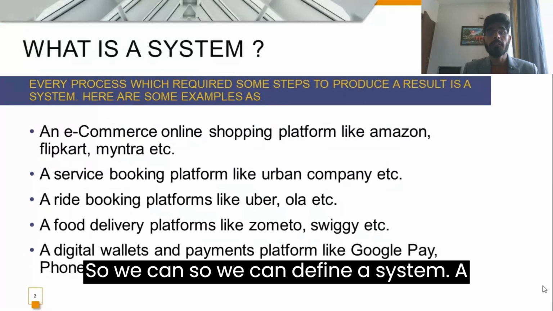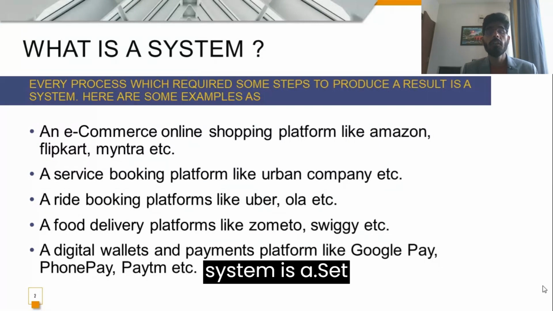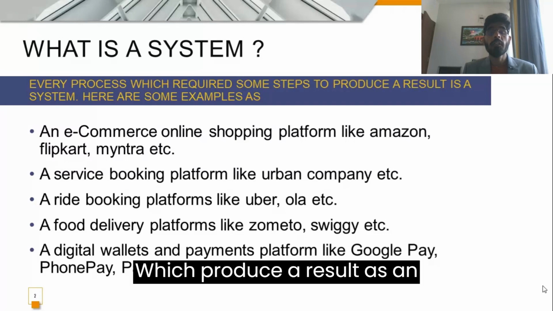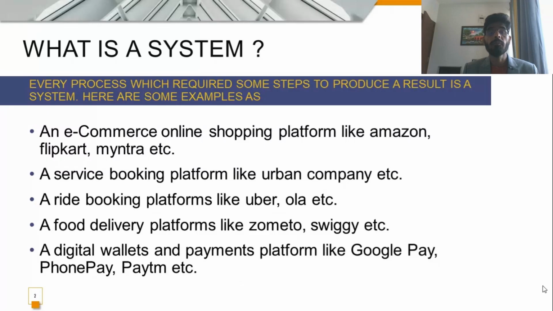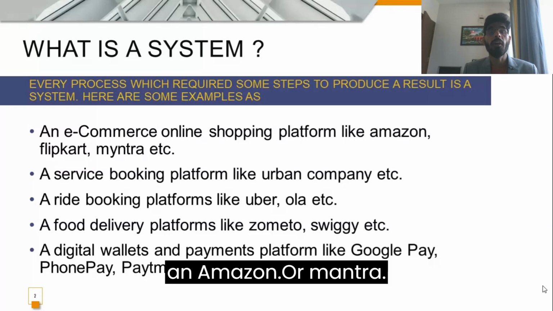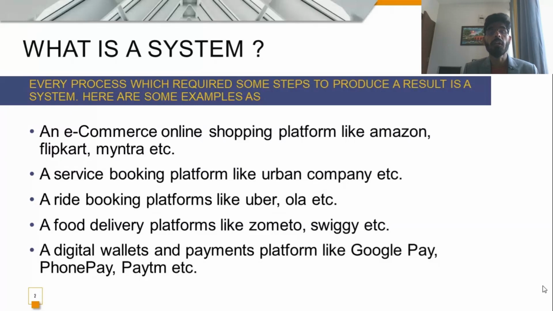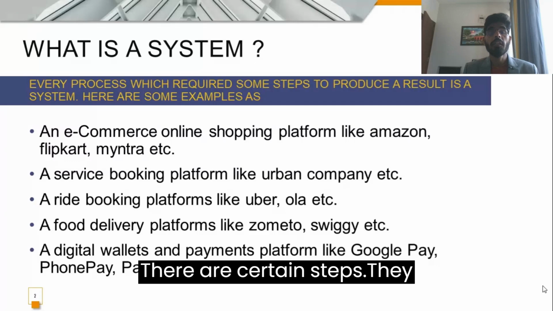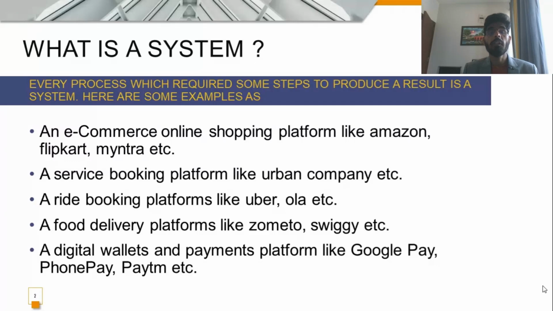So we can define a system. A system is a set of certain steps which produce a result as an output. If we talk about the system of Amazon or Myntra, there are certain steps they need to follow.